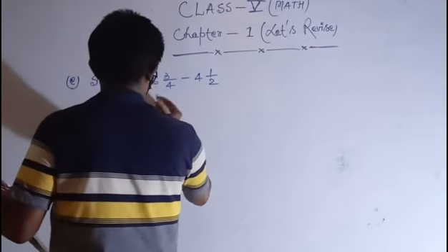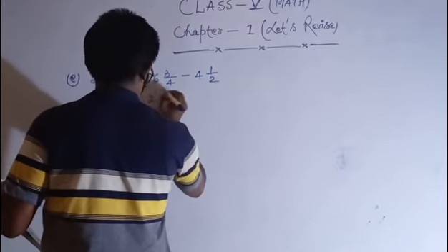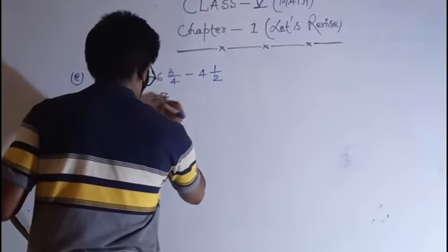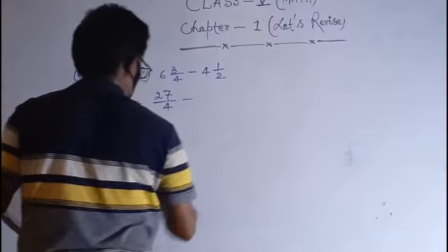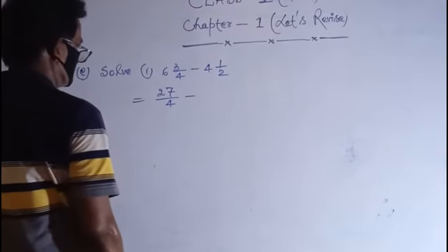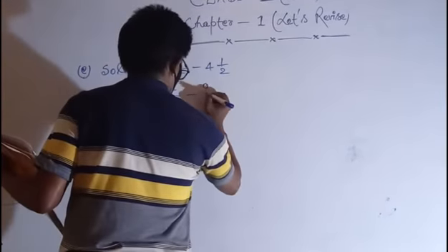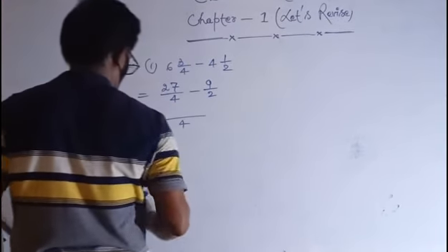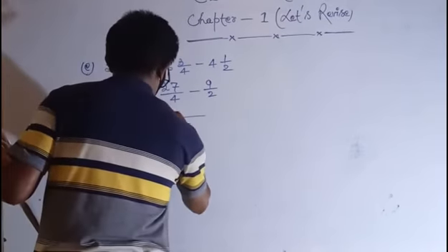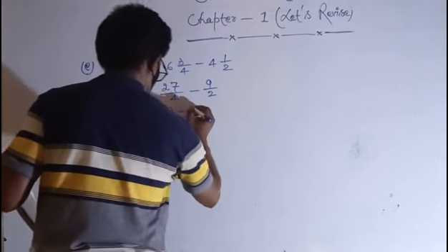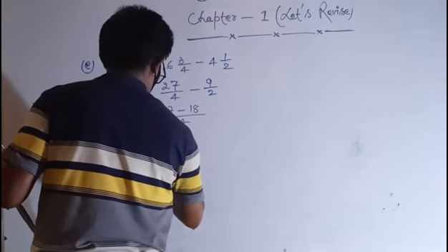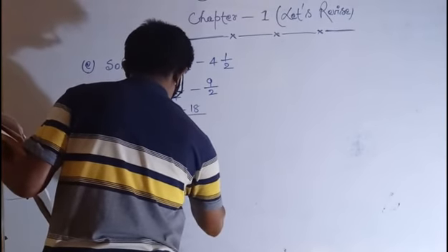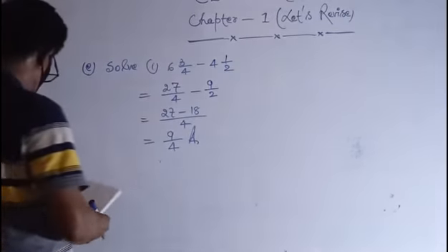It can be solved as 27 by 4 minus 9 by 2. The LCM of 4 and 2 is 4. It is your 27 and it is 18. That is equal to 9 by 4.